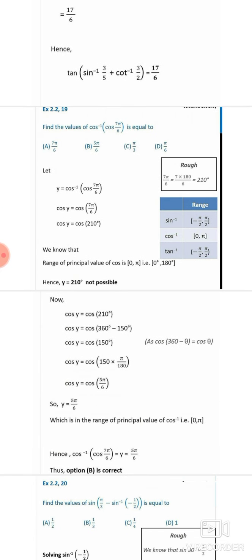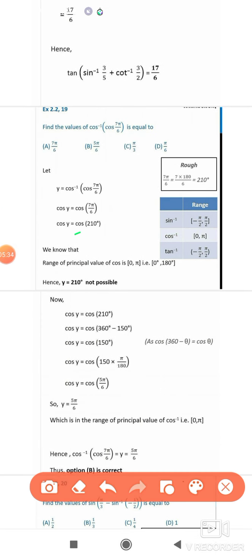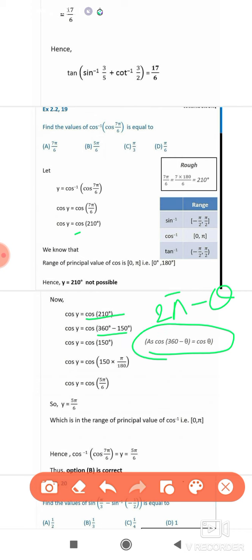So you will simplify this in such a manner that your cos should not change, it should be positive. Then cos 210 degree is equal to cos of 360 degree minus 150 degree. This 2 pi minus theta is lying in the fourth quadrant where cos theta is positive. Then it will be equal to cos 150 degree, and cos y is equal to cos 150 degree into pi over 180.